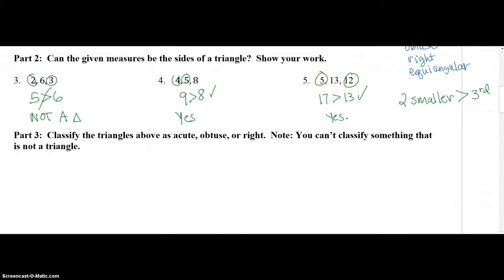So if you look at part 3, it says classify the triangles above as acute, obtuse, or right. Note, you cannot classify something that is not a triangle. So we are not going to classify number 3 because that is not a triangle. We can classify number 4, and the way we do that is we do c squared equals a squared plus b squared.